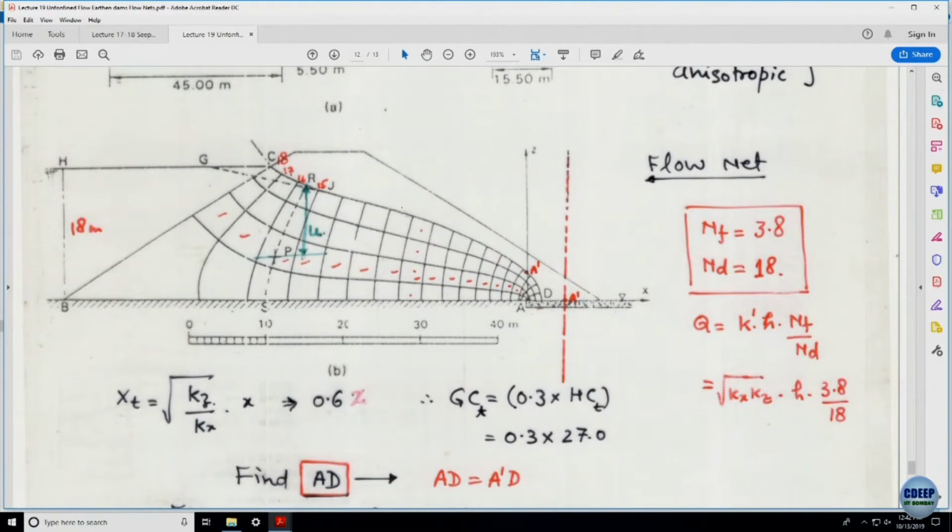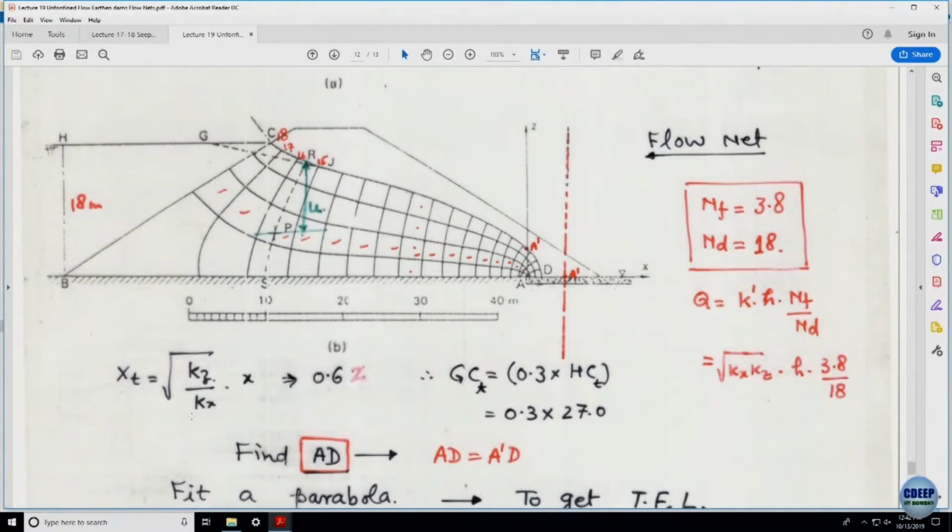After the flow net is constructed, I can count the NF and ND, and this is 3.8 and 18. This is the transformation of x into the xt direction. So, root of kz by kx would be 0.6 times x.